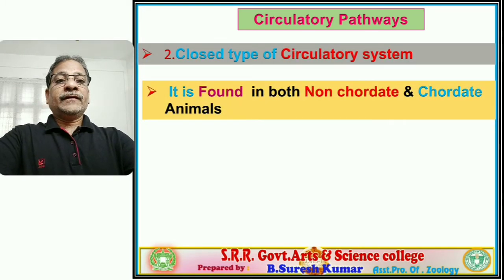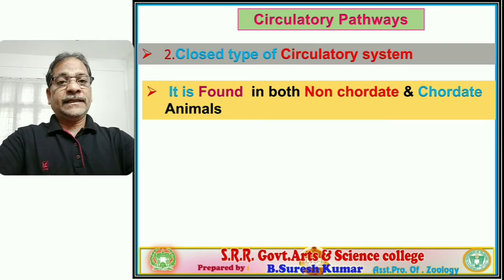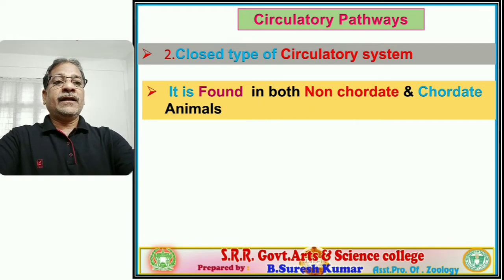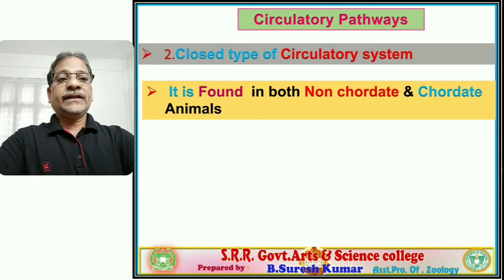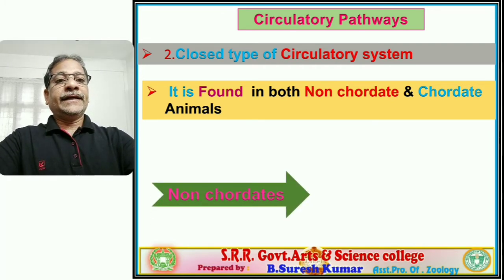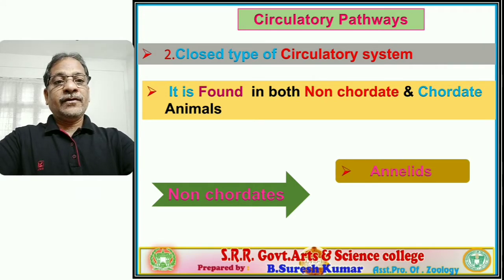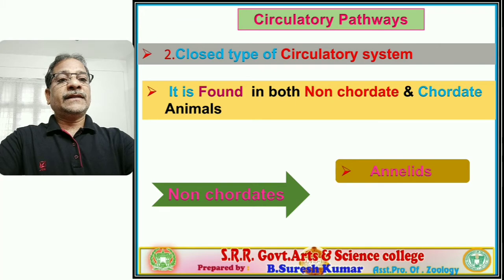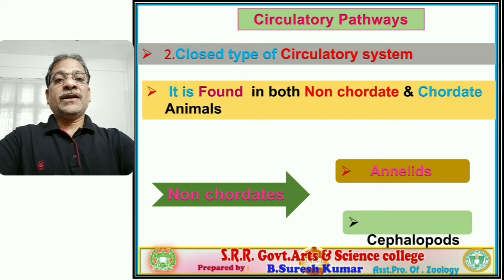Next, the closed type of circulatory system is found in both non-chordate and chordate animals. The animals are in two groups, chordates and non-chordates. Non-chordates are primitive, without notochord, and chordates are advanced, with notochord. So in non-chordates, the closed type of circulatory system is found in Annelida animals as well as some cephalopods of molluscs.